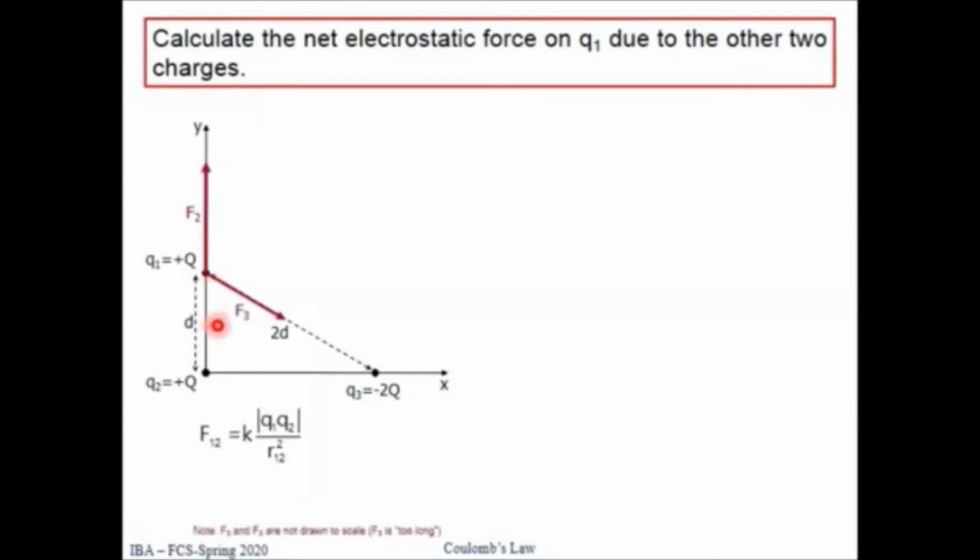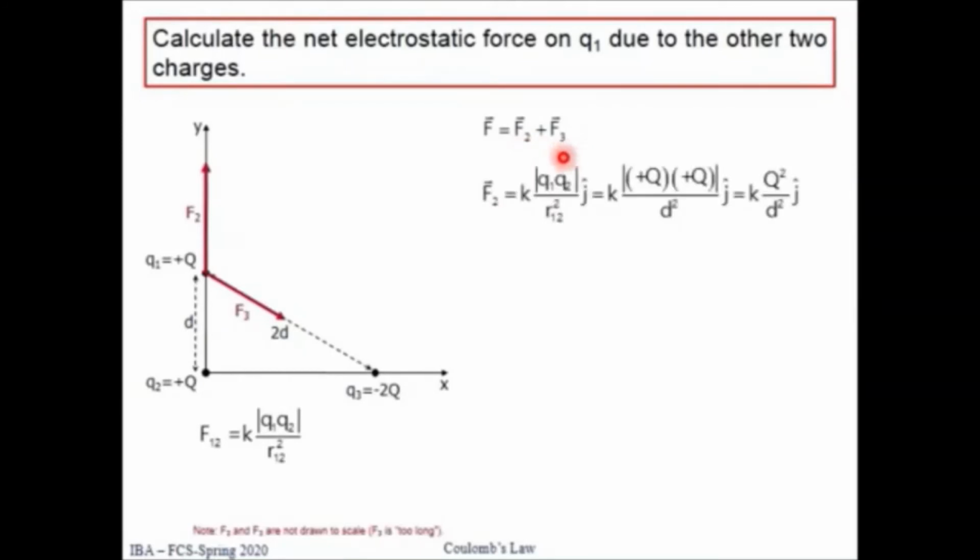So F3 must be in this direction along the line joining these two points. So we need to find F2 and F3. Therefore, the net force can be written as F2 plus F3.